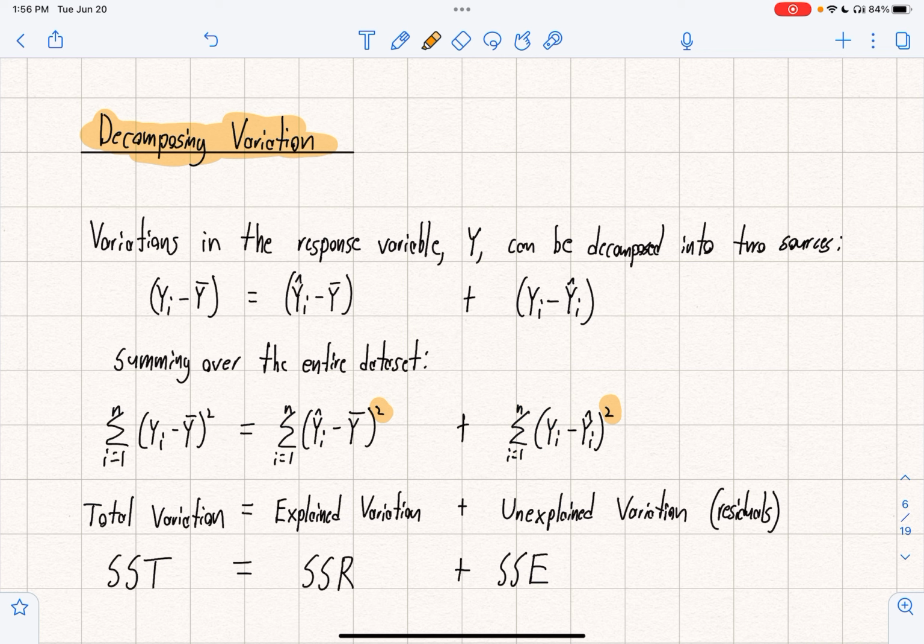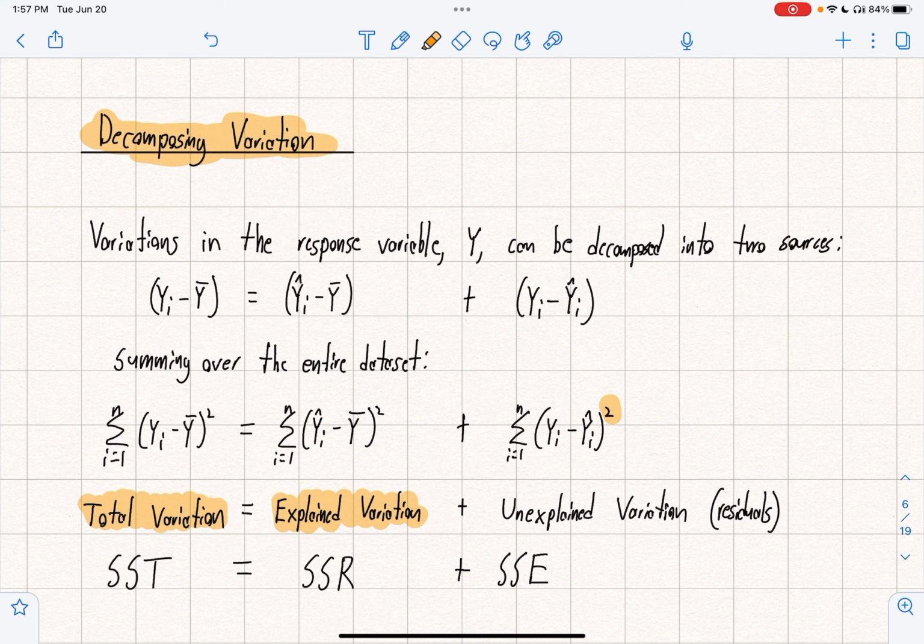So what we're going to say is that it's total variation, think variance. Part of it is explained. What is it explained by? Well, it's explained by our regression, right? And our regression is our estimated value of y. So the explained part of the variation is just the difference between our estimated value and the overall average.